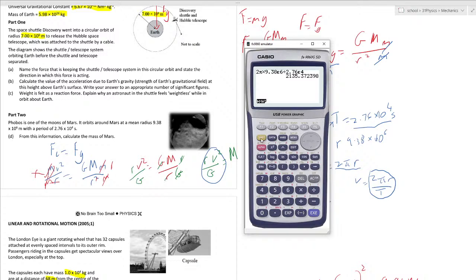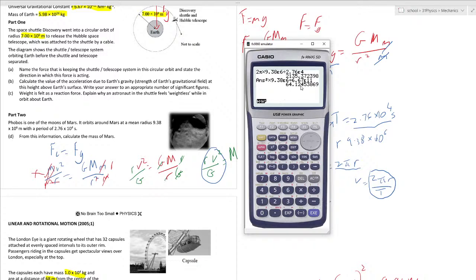Answer squared, and then I'm going to multiply it by the radius again, which is 9.38 times 10 to the 6, and then divide it all by the gravitational constant, which is 6.67 times 10 to the negative 11, and that's going to give us a number that is not right.